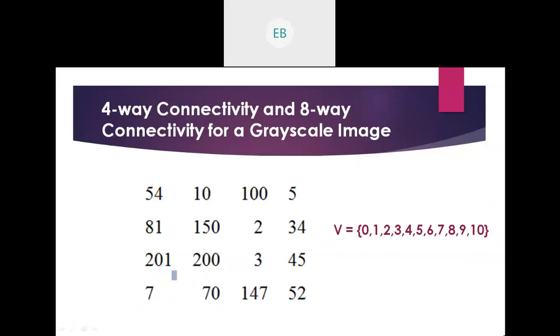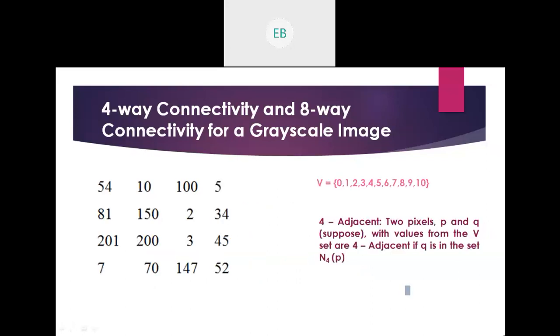Hence here we come across another concept, 4 adjacent. 4-way connectivity or 4 adjacent, these two definitions are almost the same. 4 adjacent means two pixels P and Q with values from the V set are 4 adjacent if Q, that is 3, is in the set N4(P).